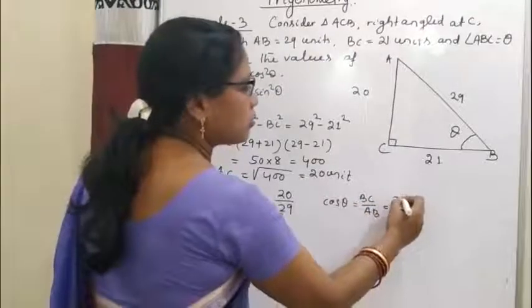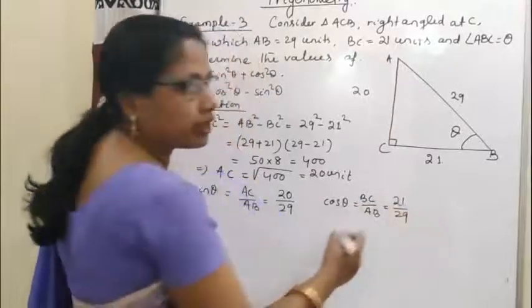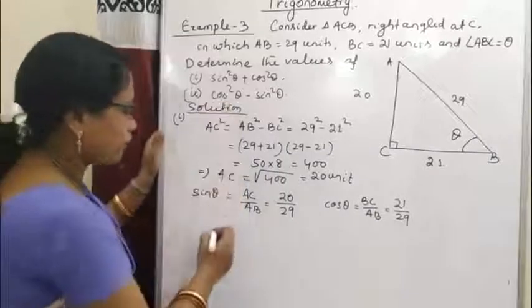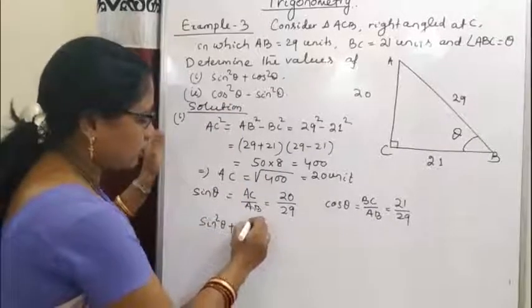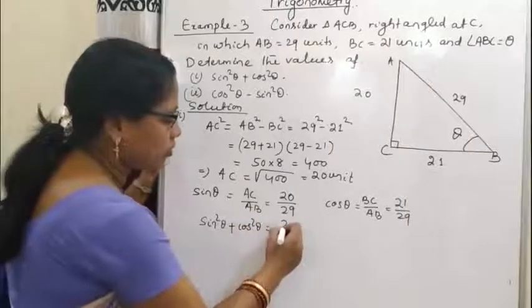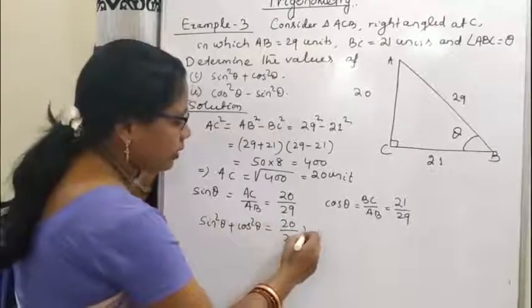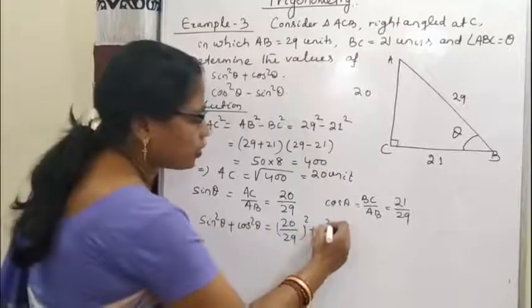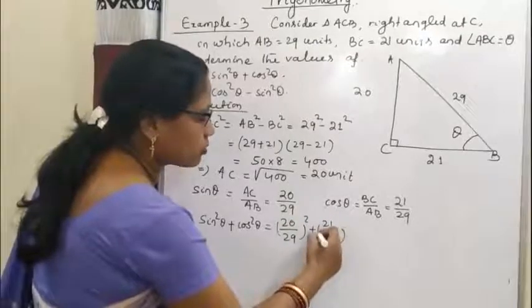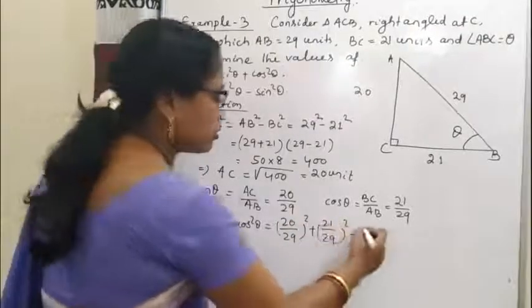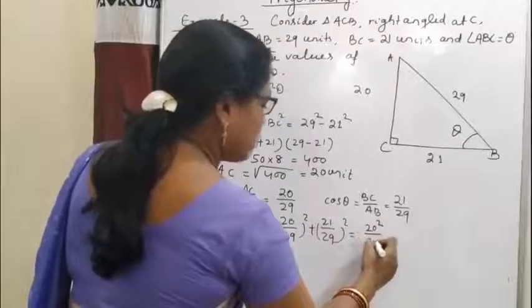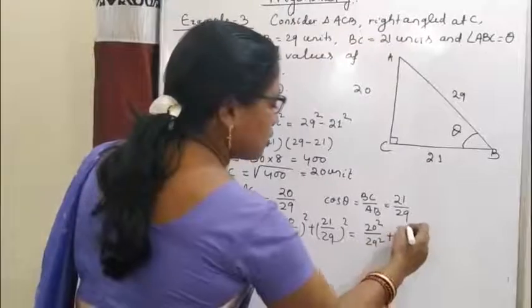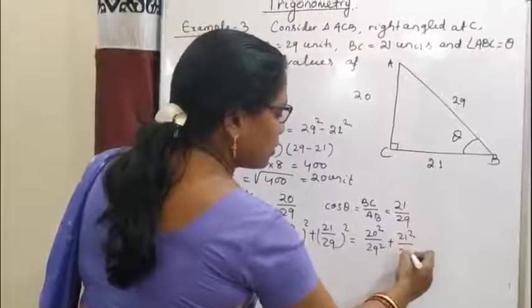So this is equal to 21 by 29. So here we have to find sin square theta plus cos square theta. So is equal to (20 by 29) square plus (21 by 29) square. So this is equal to 20 square by 29 square plus 21 square by 29 square.